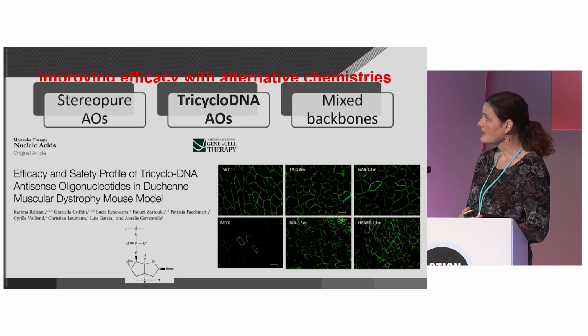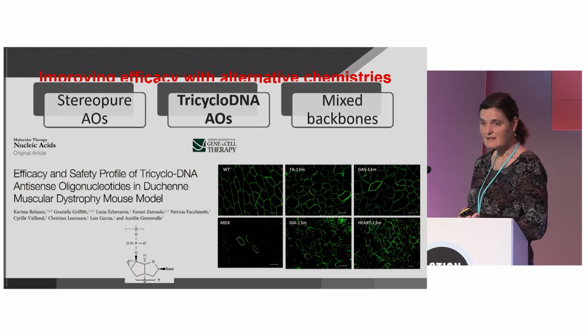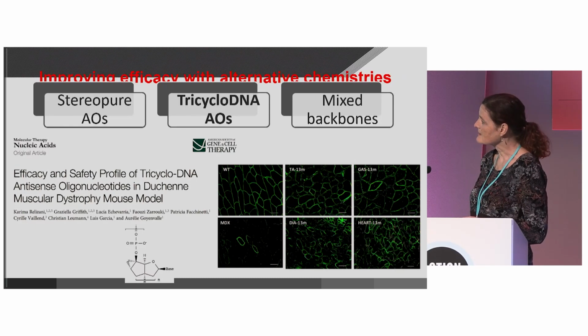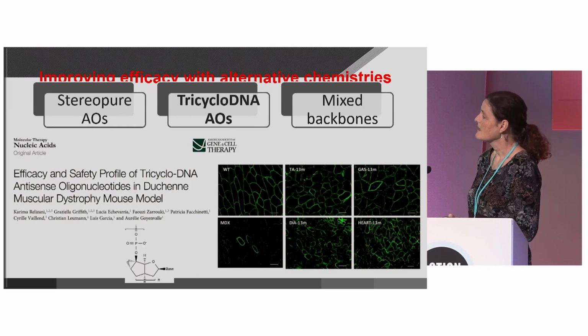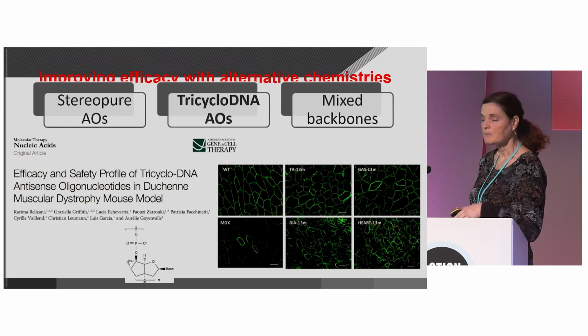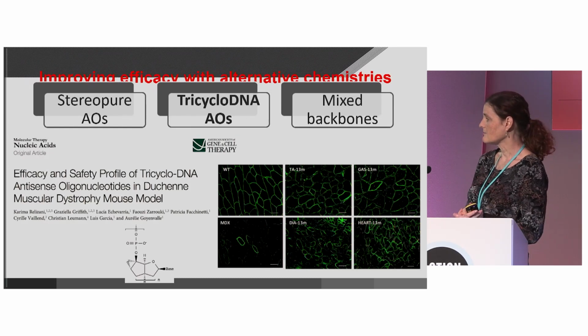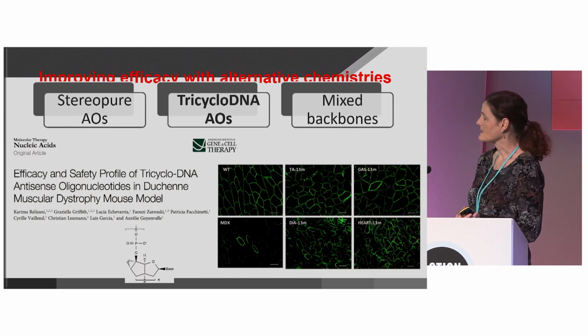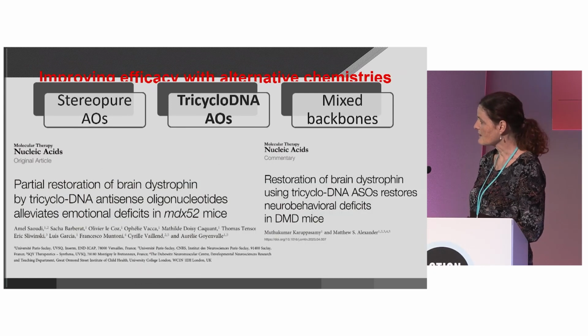So there's also tricyclo-DNA antisenses. tcDNAs have been around for a while, but recently, in the last few years, the group of Aurélie Goyenvalle have applied these to Duchenne, and they've tested them in the MDX mouse model. This is what the chemistry looks like. It looks quite complicated, but it's just got these 2 rings, which is the important difference to what's used at the moment in patients.